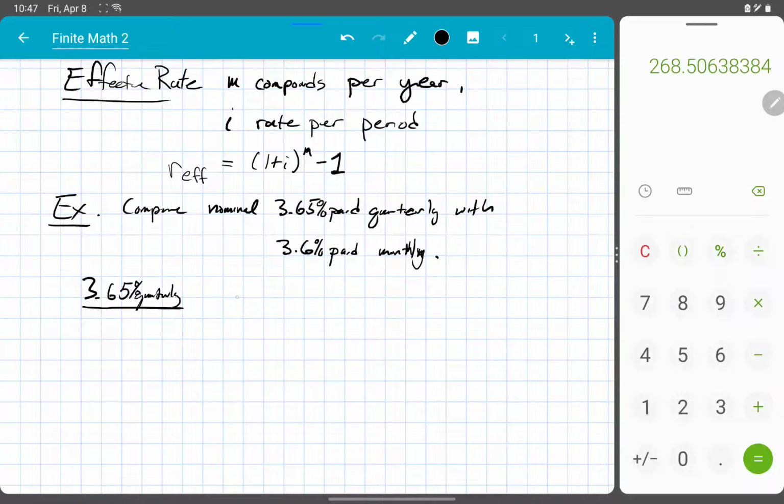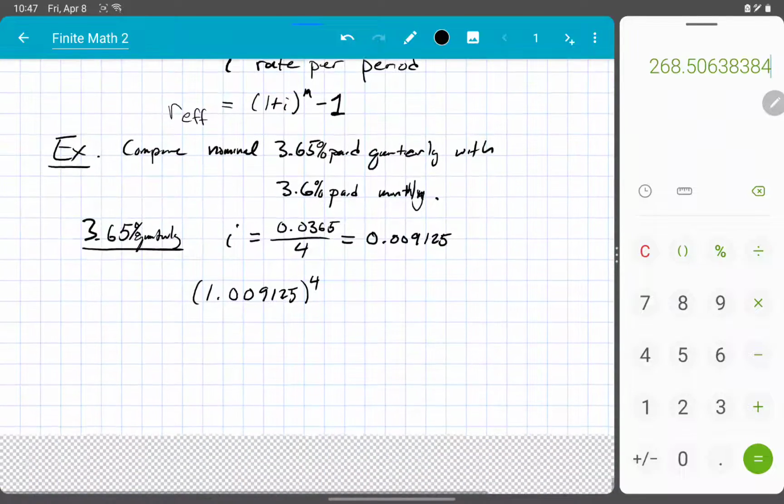First, we have to find the actual rate of interest. So i is 0.0365 divided by 4, because there are 4 quarters in a year. The number we get is 0.009125. So to find the effective rate of interest, we take 1.009125 and raise it to the 4th power because there are 4 quarters in a year.